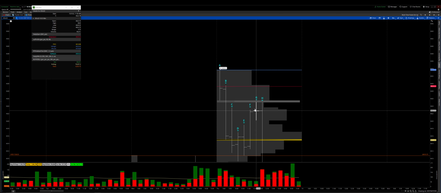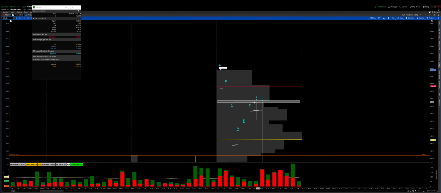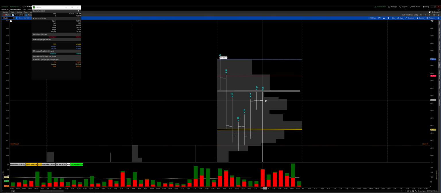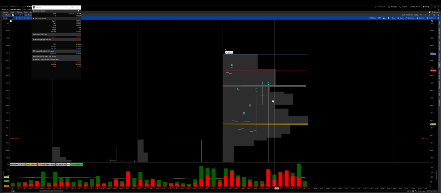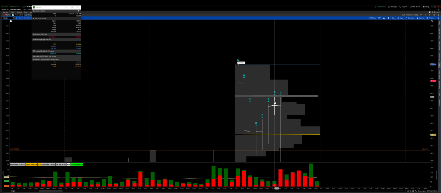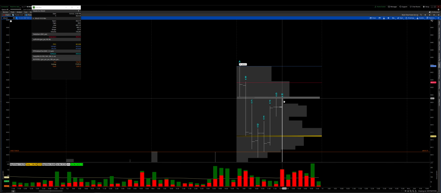And then as we pushed up, seeing that we couldn't fill the single prints in G, and then opening up in H and getting right to G's high and not pushing up to fill 2 ticks of single prints and then just rolling over like we did was pretty nuanced. I definitely would have taken the short in H period had I been present, but I was busy at the moment.